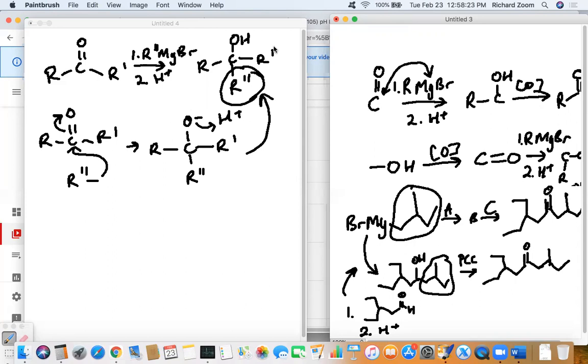Right. So technically, that should have another line that's going to attach it. No, the C that's attached to the Mg is what's going to attach to the C double bond O. I mean, if you look at the thing here.